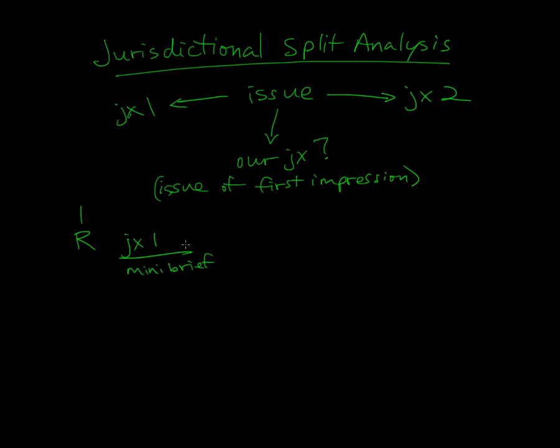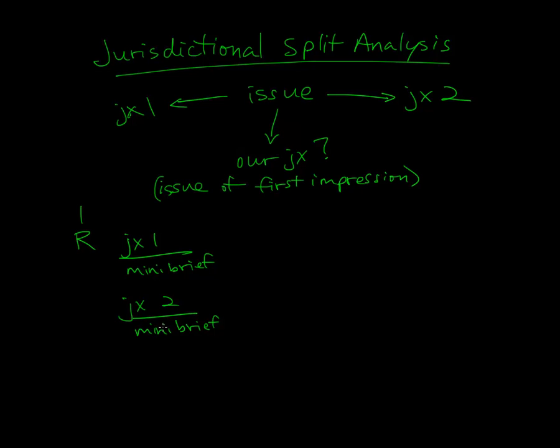And then we do the same thing for an example from jurisdiction 2. We give the rule, and then we give an example of how that rule was applied to a case from that jurisdiction, and we explain the reasoning behind the rule.